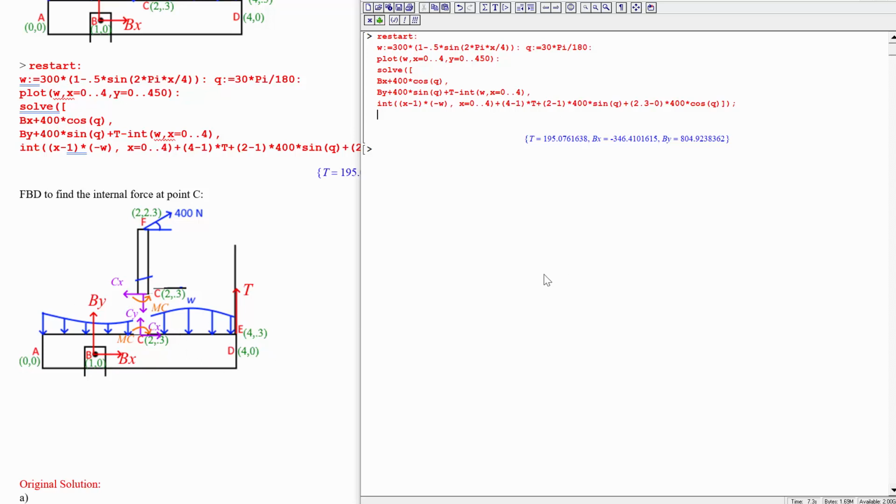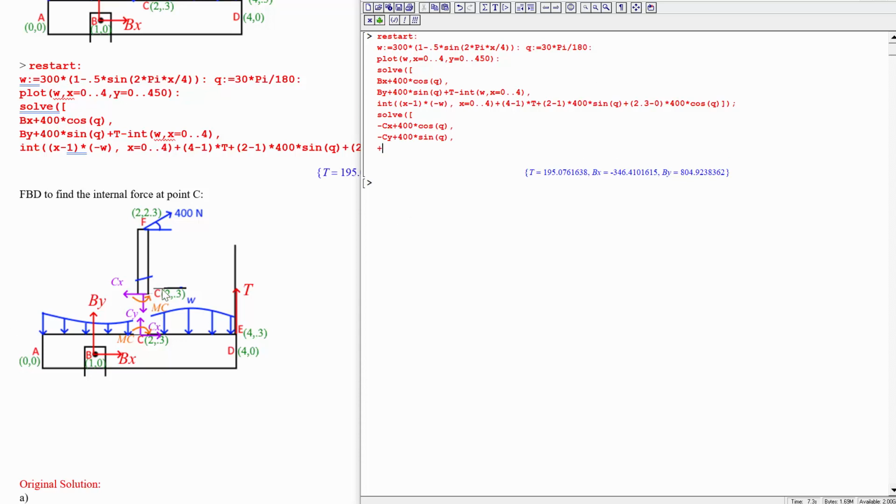Okay, so what we would have then is on this top piece, on just CF, solve minus CX plus 400 cos of 30 minus CY plus 400 sine of 30. And for the moment, we would have, let's find the torque about the bottom.